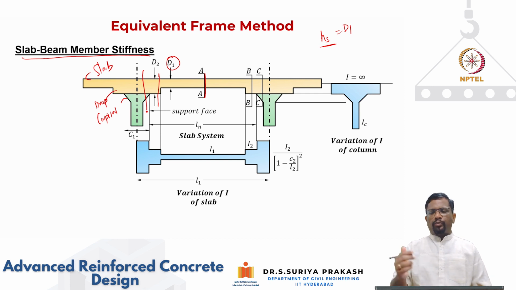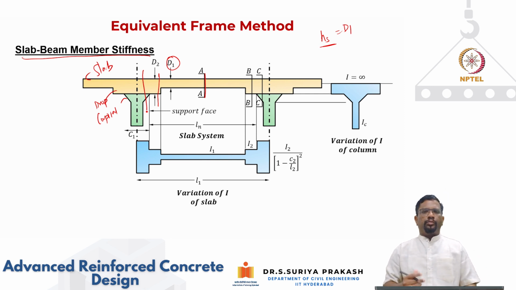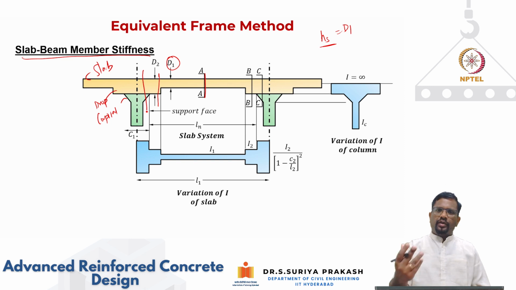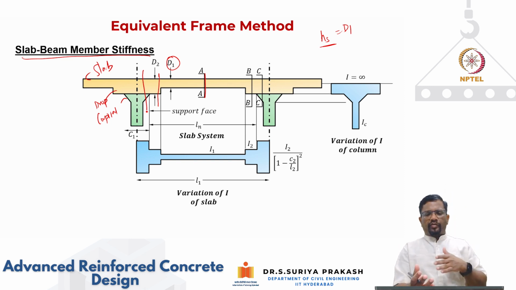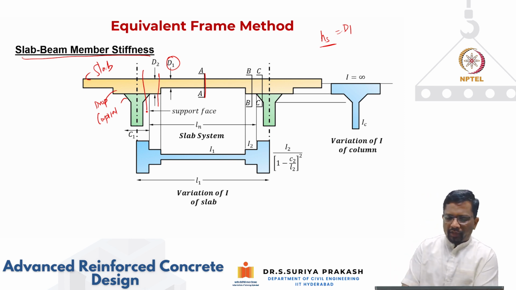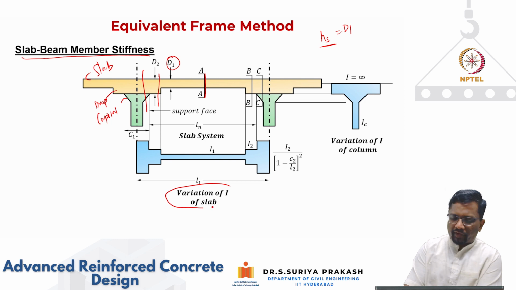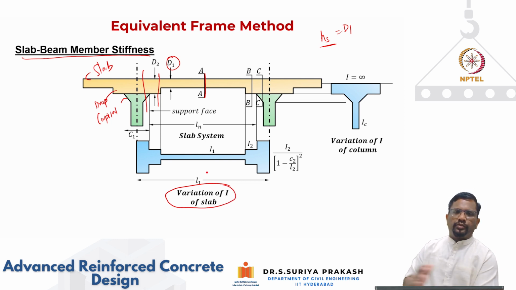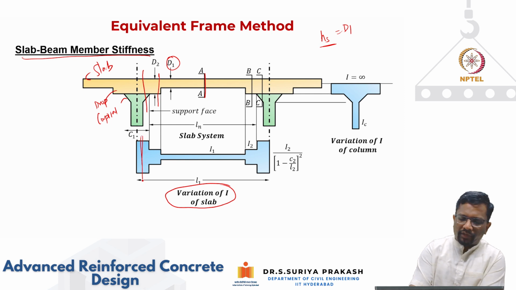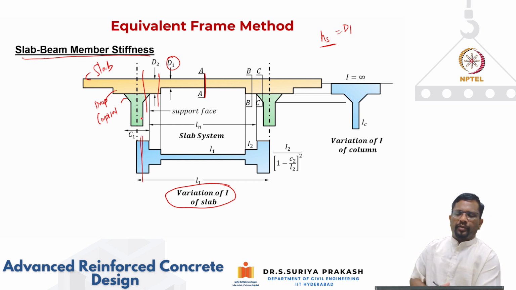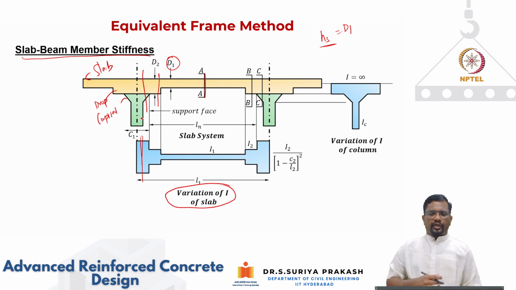We know that the moment of inertia is BH cubed by 12 for a rectangular section. Now the depth is changing, so you can have a T section or you can have a varying section. That is the reason the moment of inertia for the slab is going to keep changing along the length of the span. At this location, when you are including slab thickness, drop panel and column capital, the moment of inertia is going to be high.